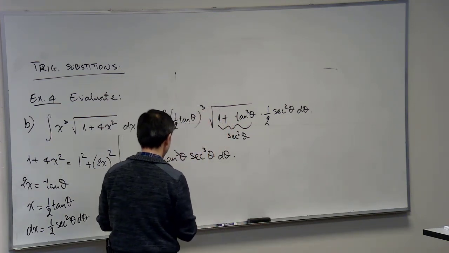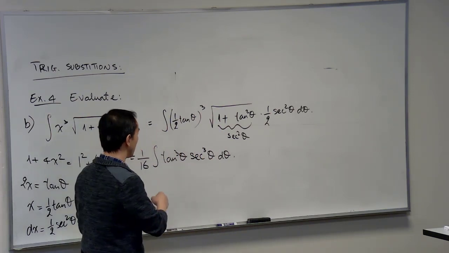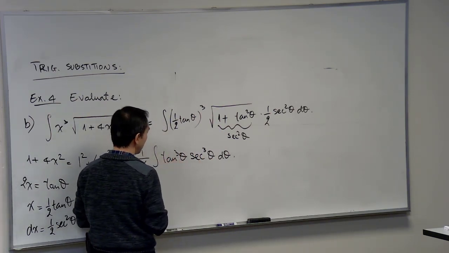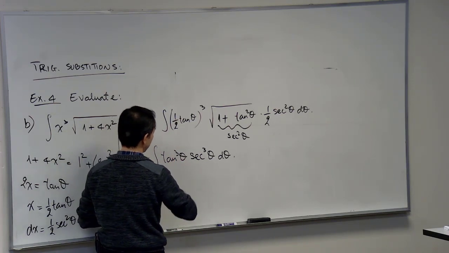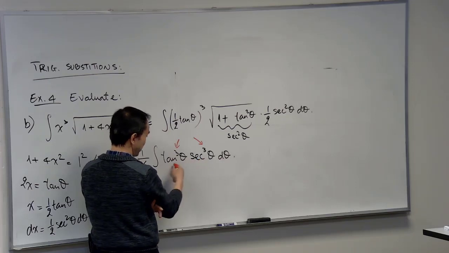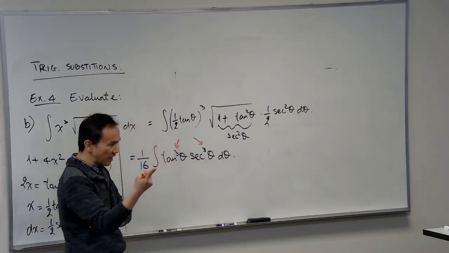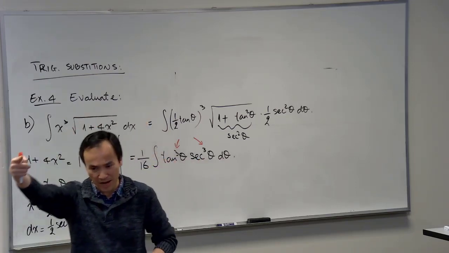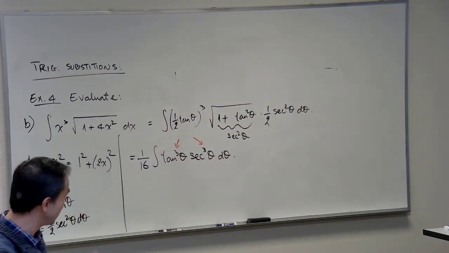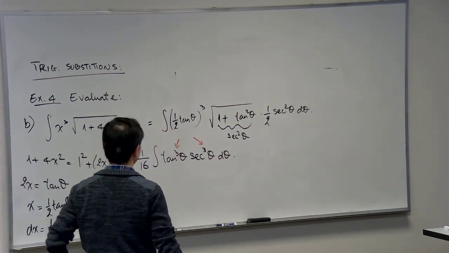Now, this problem brings you into a trig integral where you have a power of tangent and a power of secant, and they're both odd right here. So a little bit unlike the earlier one, it was a power of secant over a power of tangent. Here it's a product of a power of secant and a power of tangent. It's both odd.